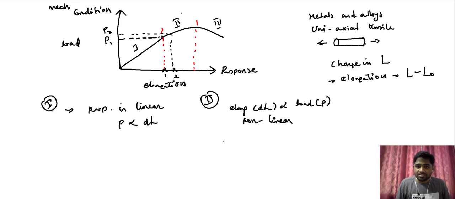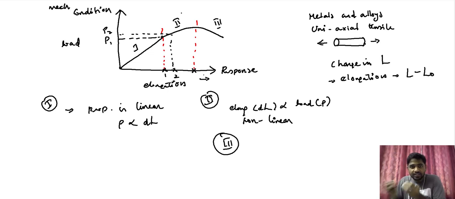Now, when you consider the third section, it is in complete contrast to the first two sections. In the third section, what we observe is, in order to increase beyond this point here, when the amount of elongation needs to be progressively increased, then the amount of load that is required is not higher but lower. So when you want to move from point 3 to point 4, the amount of load that is required is not higher but rather lower.